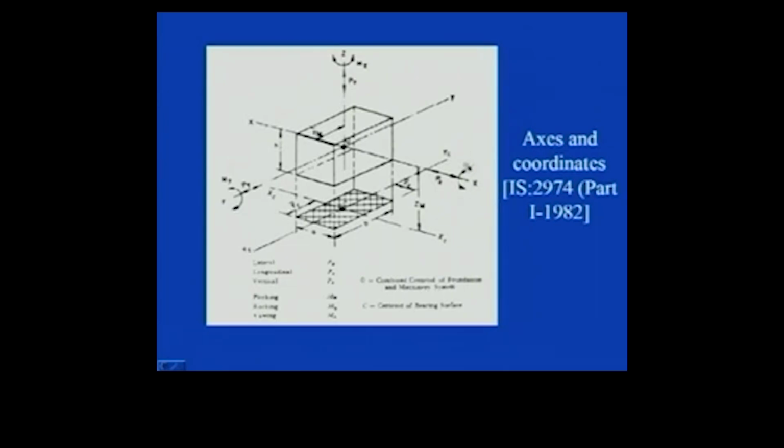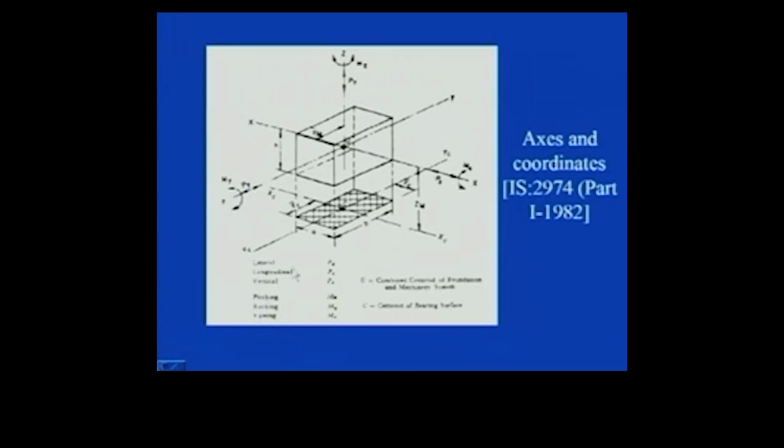This will cause the pitching motion of the block foundation. Then along y, this will cause rocking motion of the foundation, and if it is rotating about the z axis, that is in the horizontal plane, then the motion is called yawing.